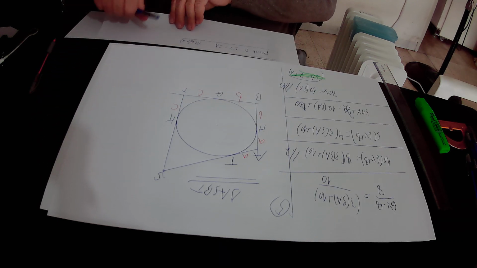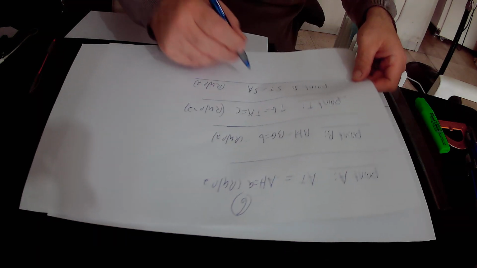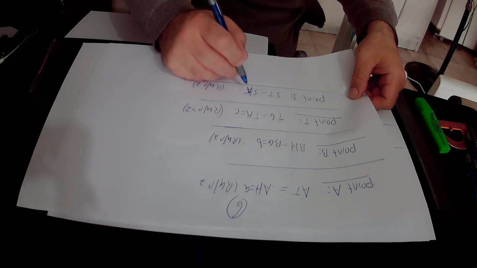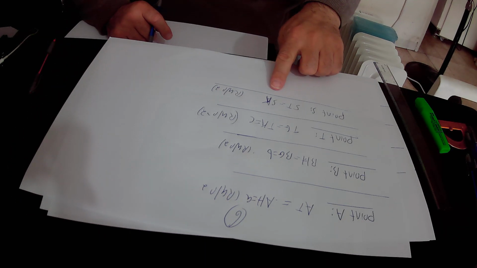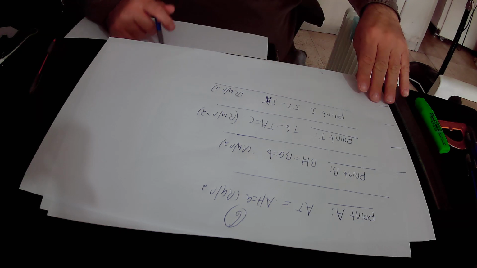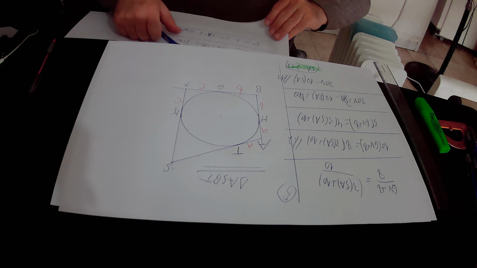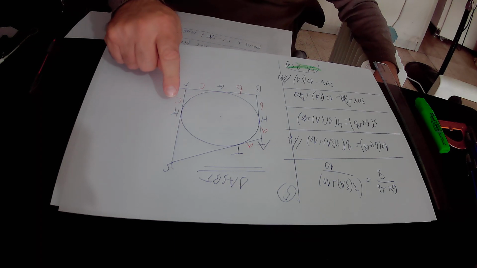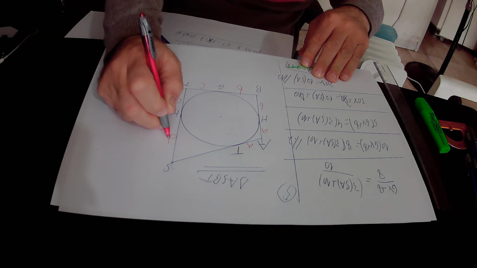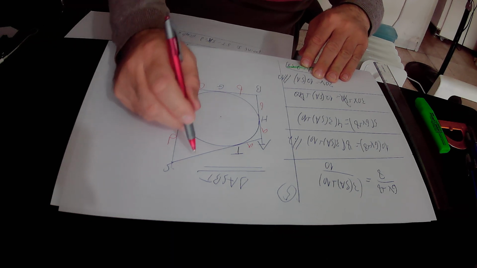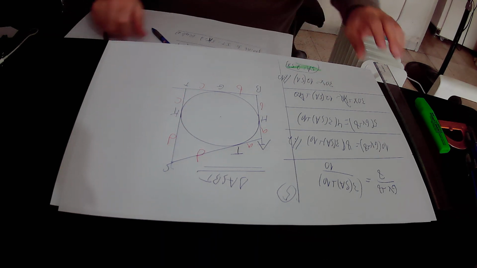So if we define the length of tangent SK as D, then the length of tangent ST must also be equal to D because they are equal to each other.